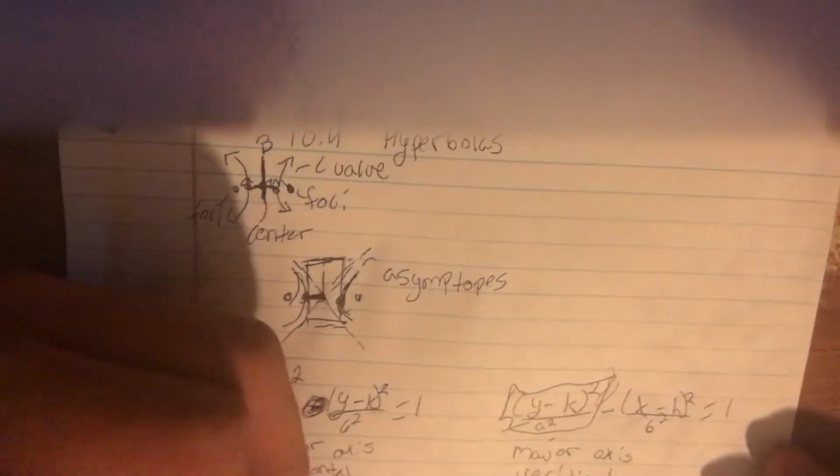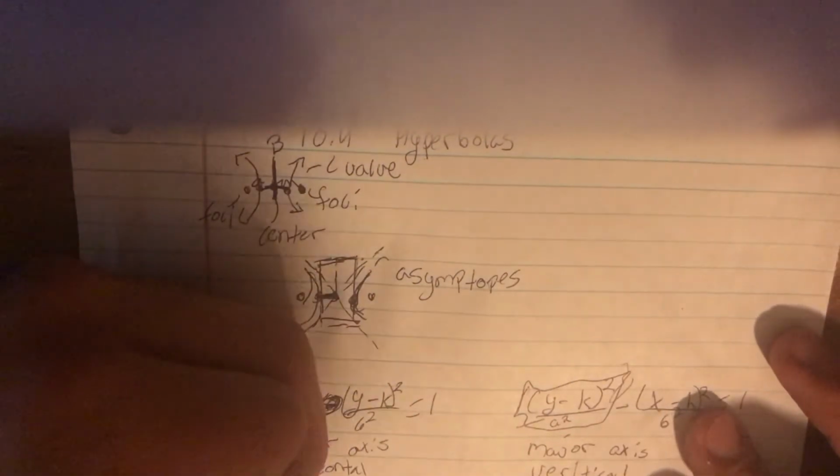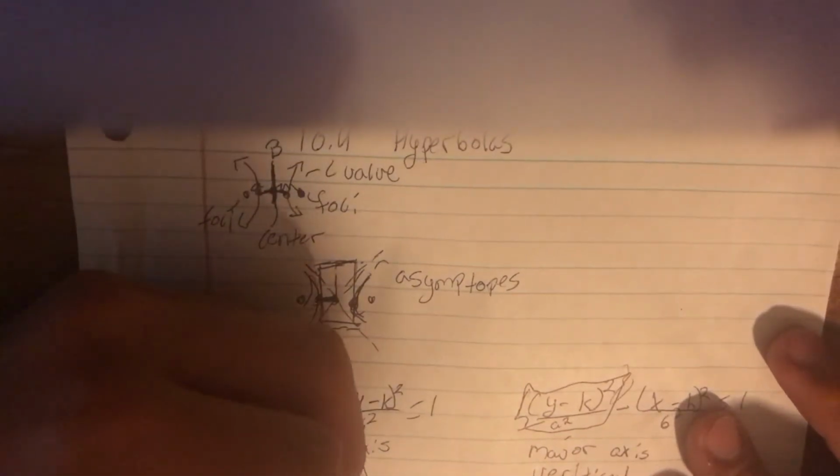All that happens here is your major axis is now vertical, so your y equation comes over here to where your a is. Your a value never leaves the left side of the equation, ever. Your relationship for your a, b, and c values is b squared equals c squared minus a squared.